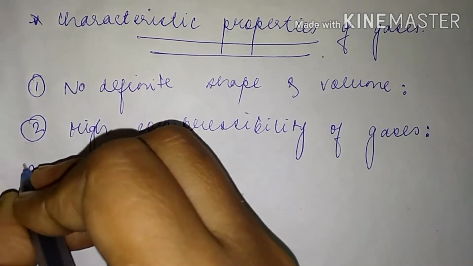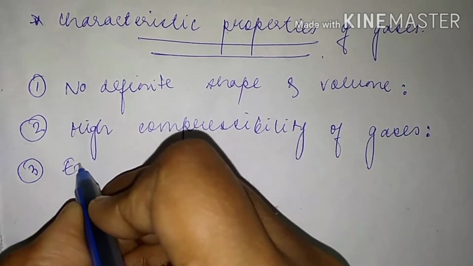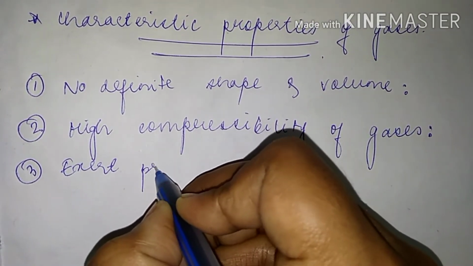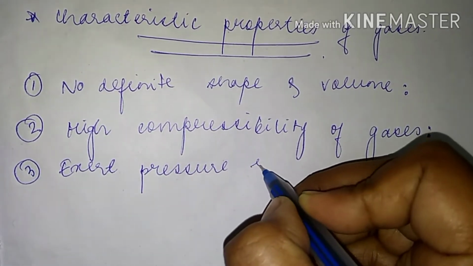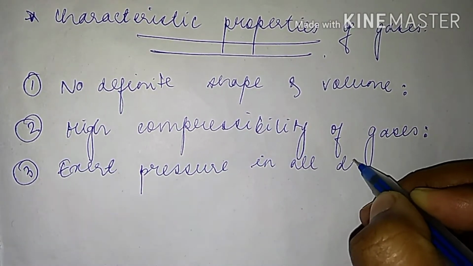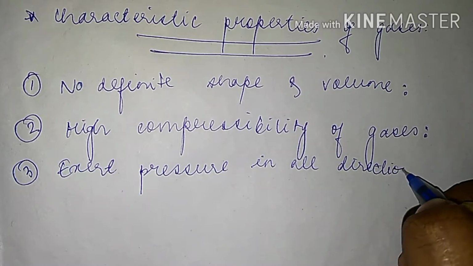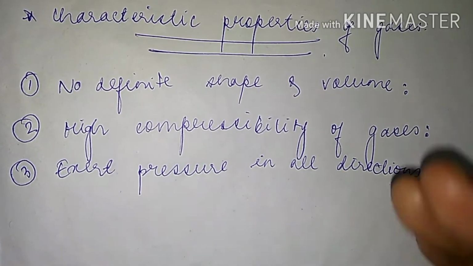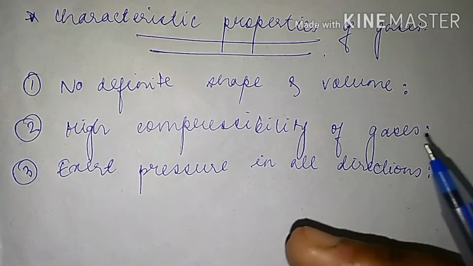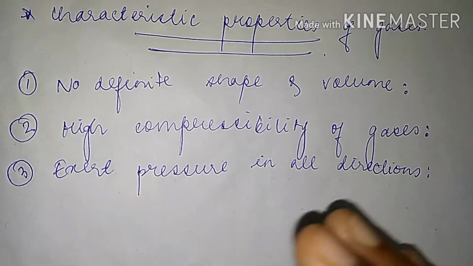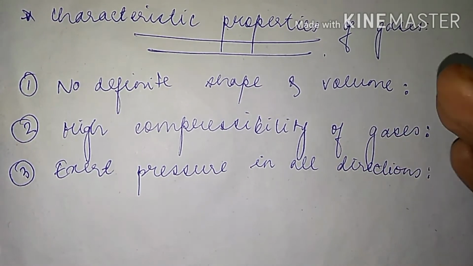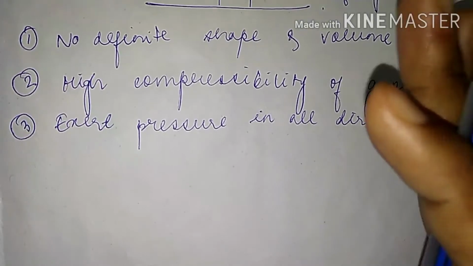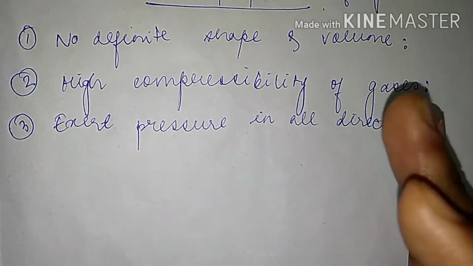The third property which they show is they exert pressure in all directions. Unlike solids and liquids which exert pressure downwards, gases exert pressure in all directions uniformly. That is, they exert equal pressure on the walls of the container.